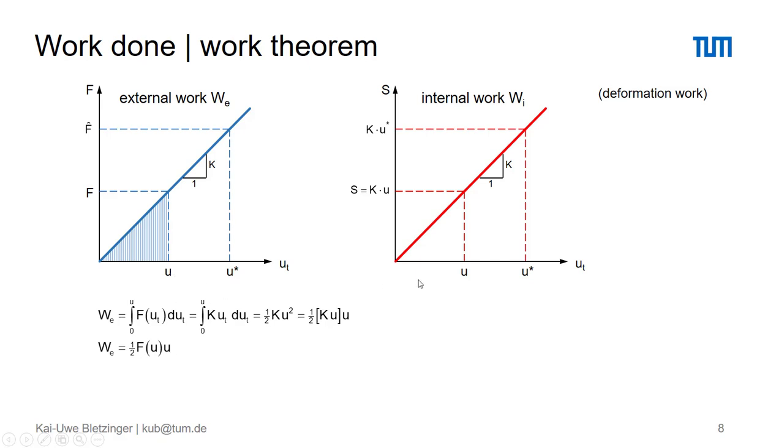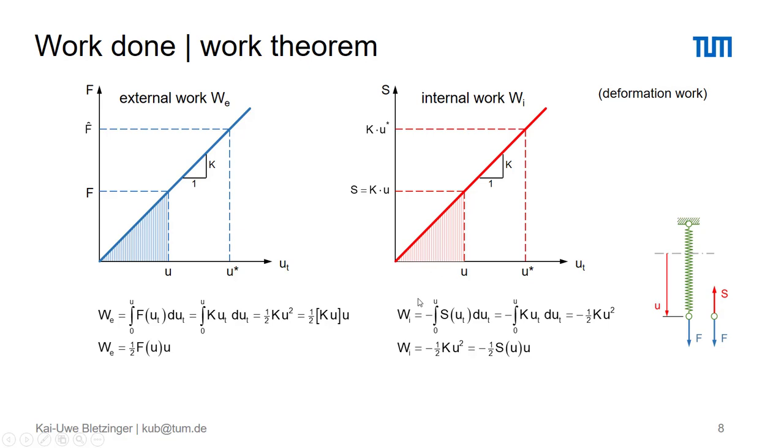And if we look at the internal work, that means the work done by the internal force S, we see from the graphics immediately it must be the same value because these are equivalent triangles. And if we do the integration, we receive again the same value here, 1/2 times K times U squared, the actual value of the internal force S as a function of U times U, but it is negative.